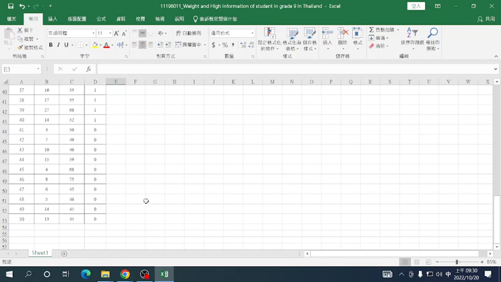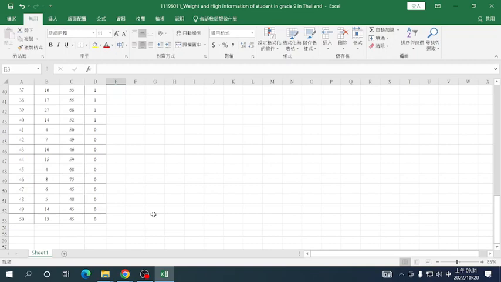Okay, all makes sense. How about the weight? This is in kilograms, right? Not kilometers. Sorry, kilograms. All right, that makes sense.